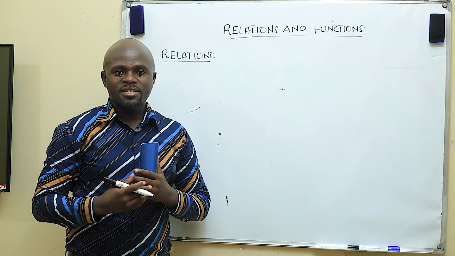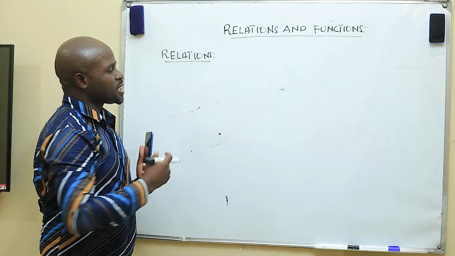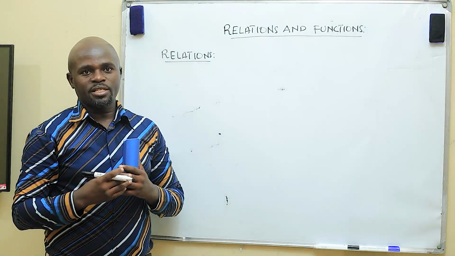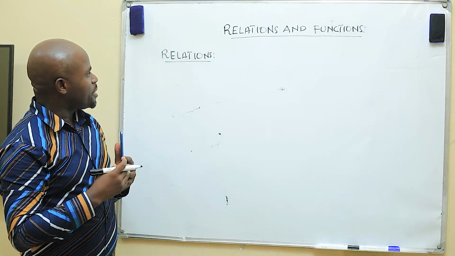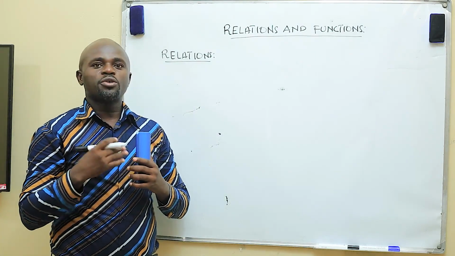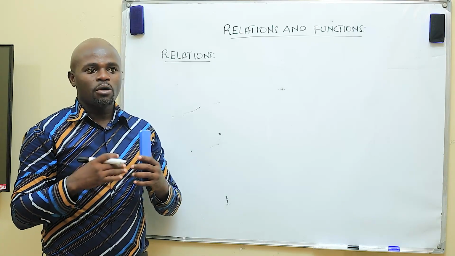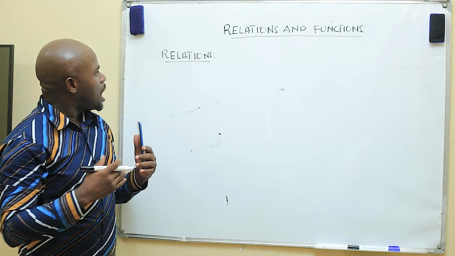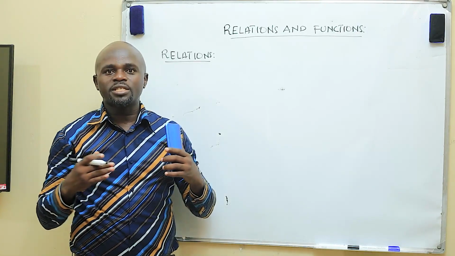In mathematics, when we speak about relation, this is a set of ordered pairs which consists of different elements of the first set and the second set. We have to see how the elements of these two sets relate.